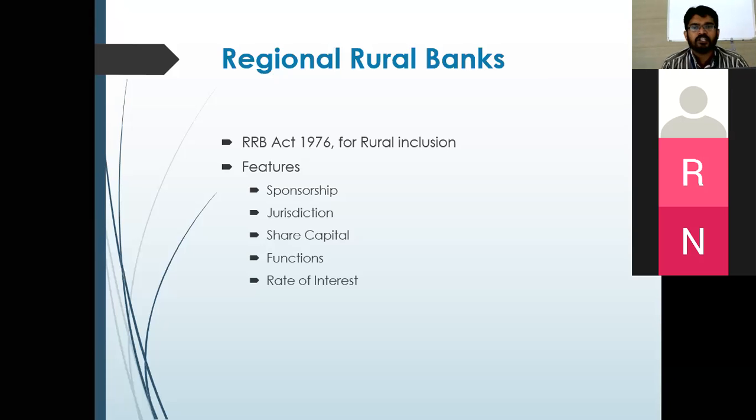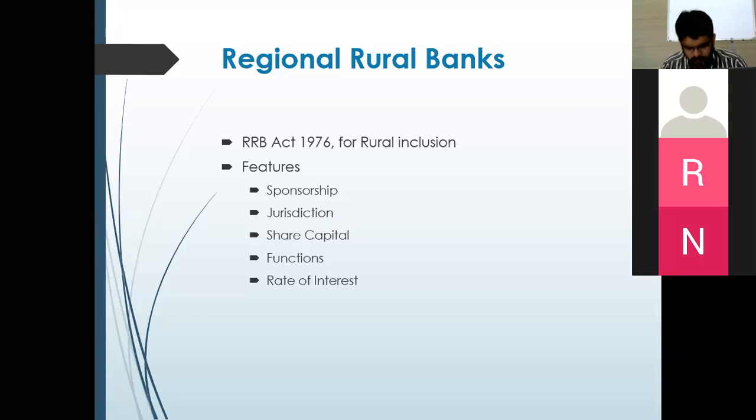It may be sponsored by State Bank of India, by Bank of India, by ICICI, by HDFC, anyone; it depends on who has sponsored a particular regional rural bank. So the first feature is that they are not independent, they are sponsored by a scheduled commercial bank. The second one is its jurisdiction.